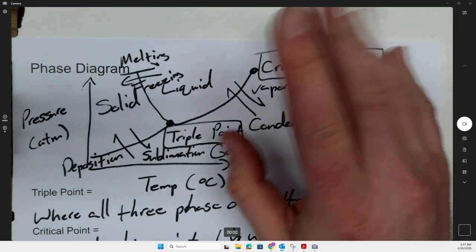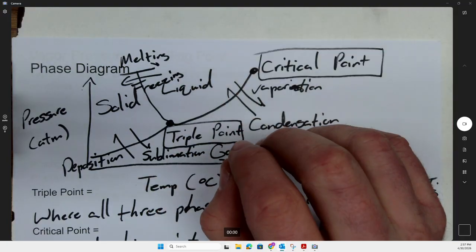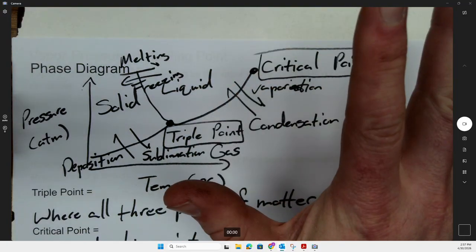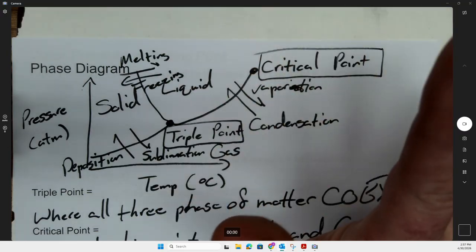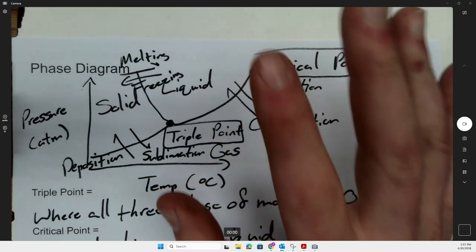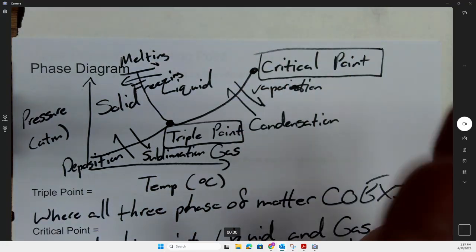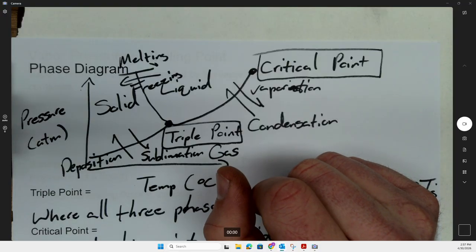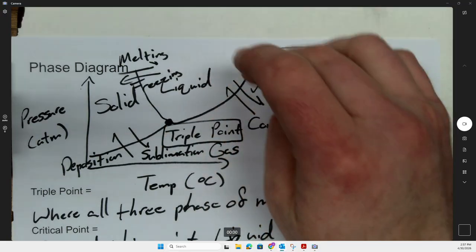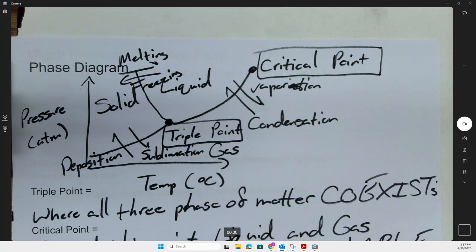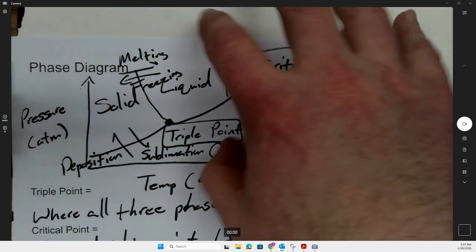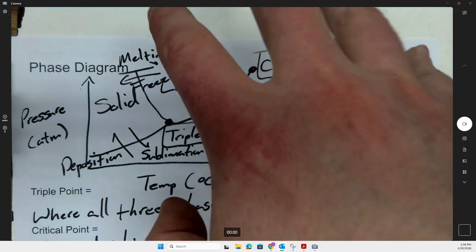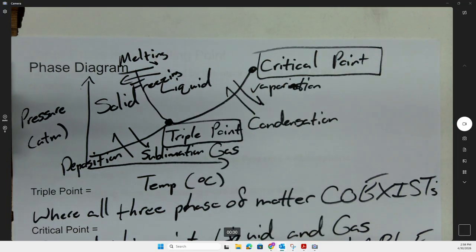A lot of times when we start talking about critical points, we're talking about stars or planets. We're not talking about if I heat carbon up 100 degrees Celsius, does it get to a point where I can't tell gas from liquid? We're talking about incredible temperatures and pressures happening at the same time.